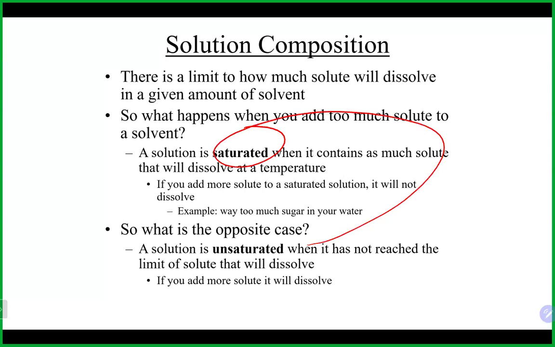At some point, once again, you will hit that point, which is sometimes referred to as the saturation point. You'll hit that point where no more is going to dissolve. And at that point, you technically have a saturated solution. Any questions on that there?